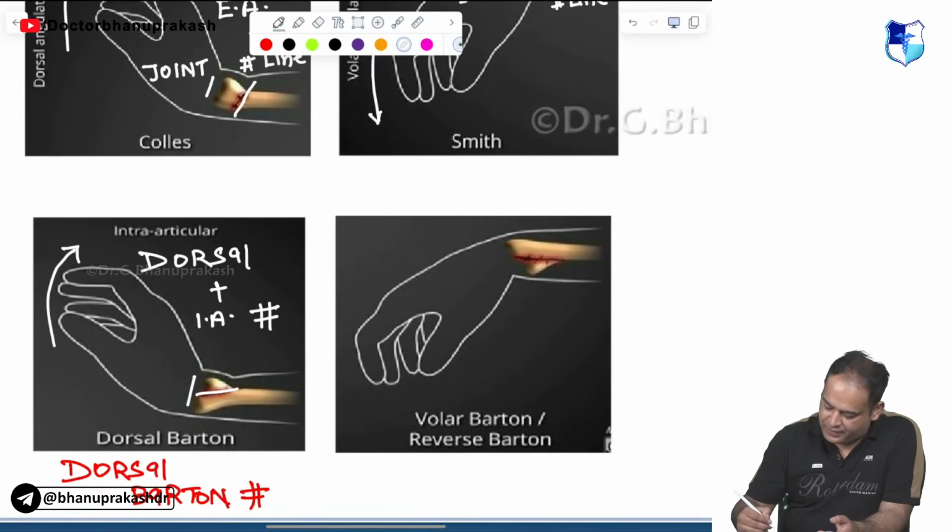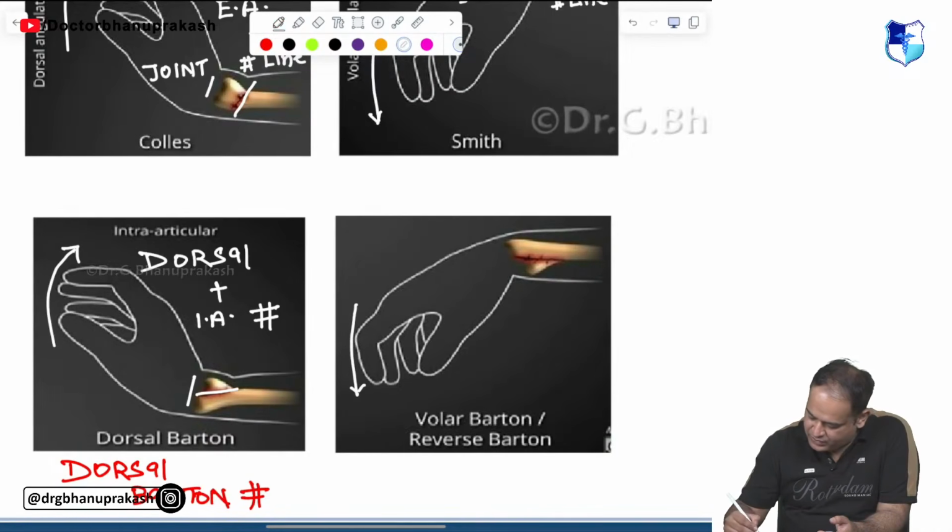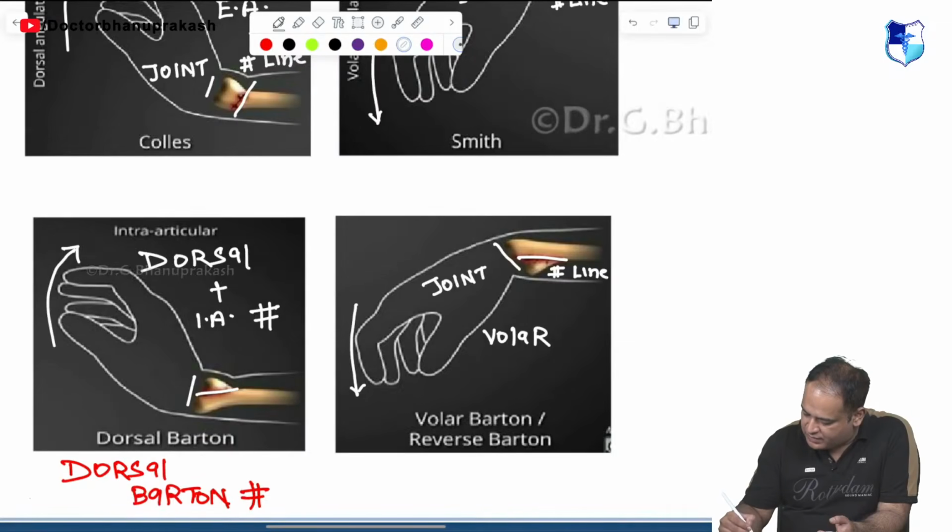Look at the fourth one. What kind of angulation? Volar angulation. This is the joint and you see it is close to the fracture line. So what kind of fracture is this?